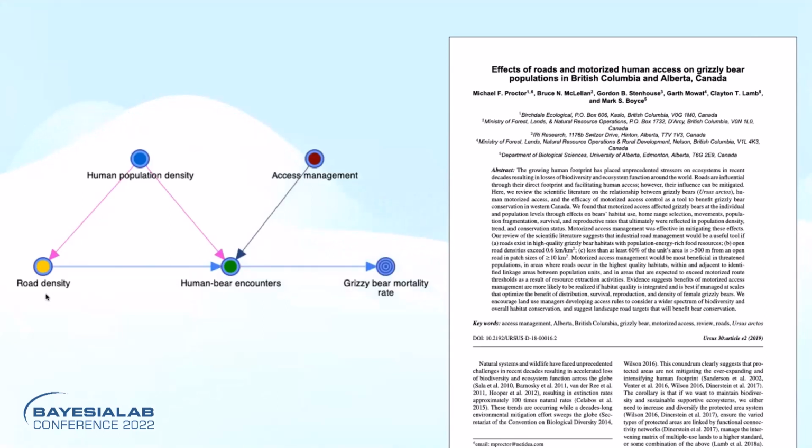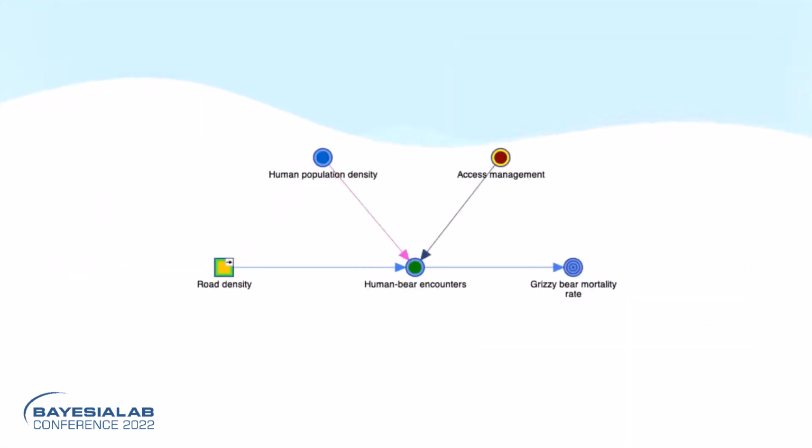So there's a bit of a backdoor path here when we're trying to isolate this effect of road density on grizzly bear mortality. It also suggests a mitigation, and this paper speaks to that mitigation, which is that you can put some sort of access management in place, and that basically controls the people on there, and that reduces those human bear encounters. So we can block that backdoor path if we intervene on road density.